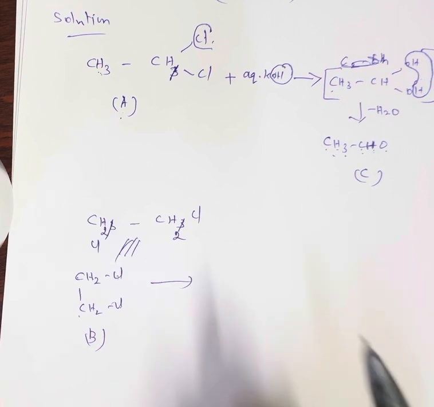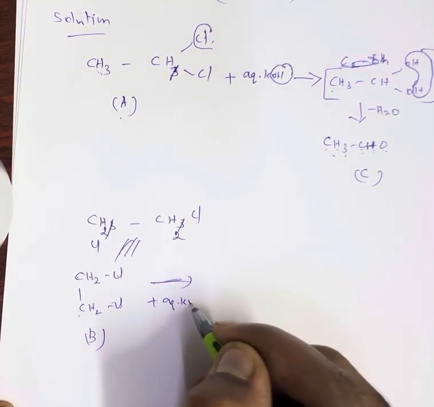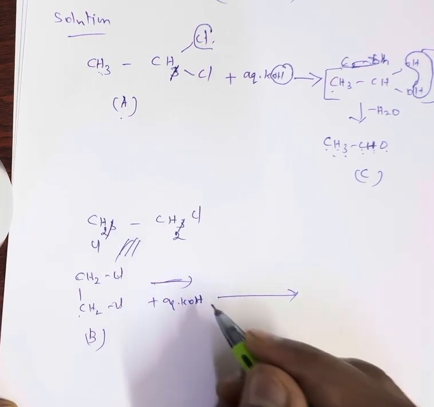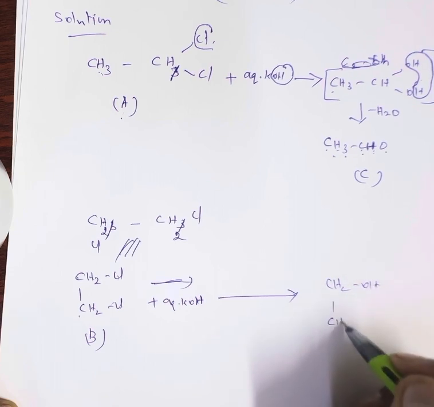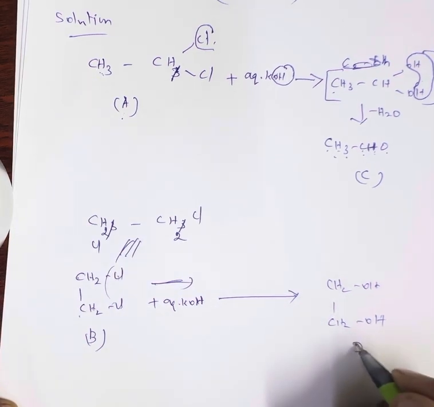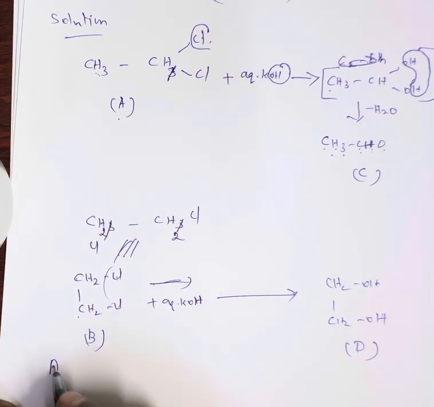Next it reacts with aqueous KOH, which gives CH2OH, CH2OH. That is chlorine replaced by OH. That's it, so this is compound D. Finally we can name them.